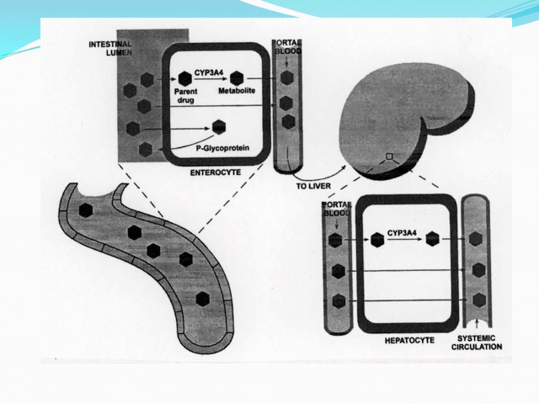This is just a picture diagram depicting what happens in our system when we have an enterocyte here. The parent drug is metabolized to metabolite in our enterocyte through the 3A4 system. There are these proteins called P-glycoproteins, which can work a couple of ways.